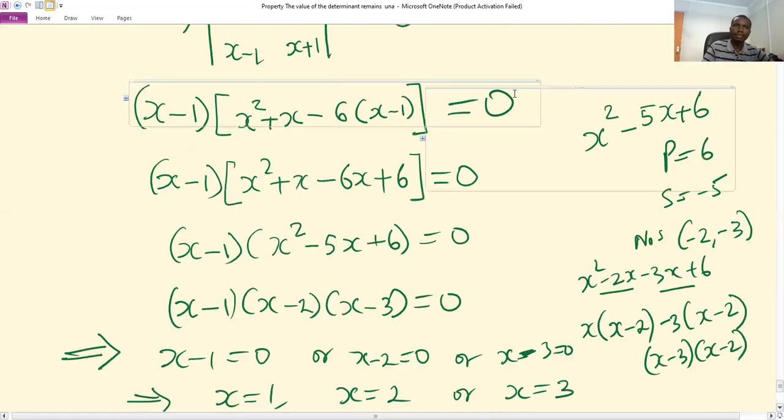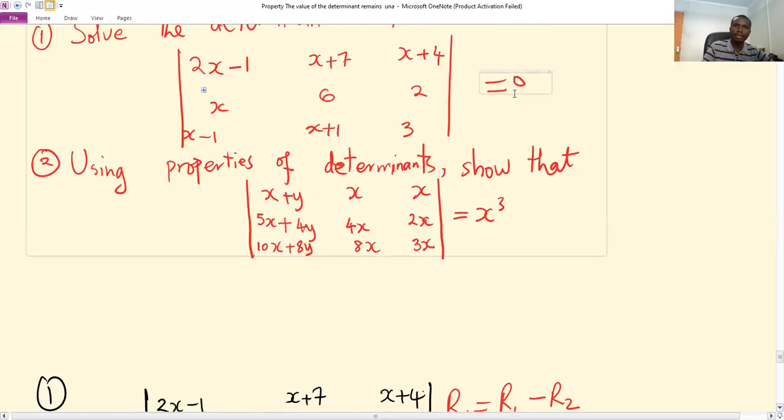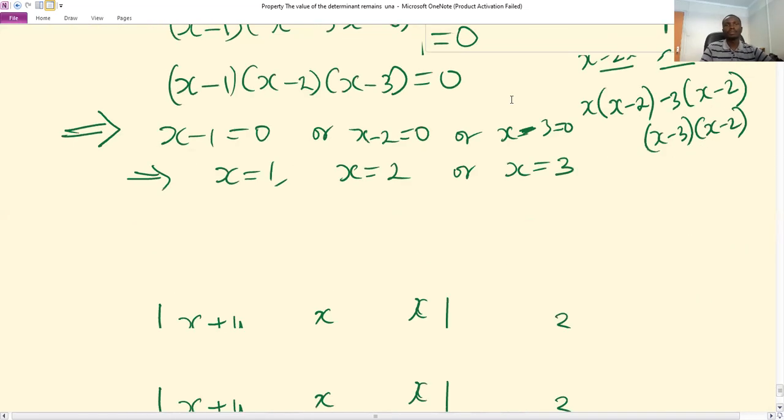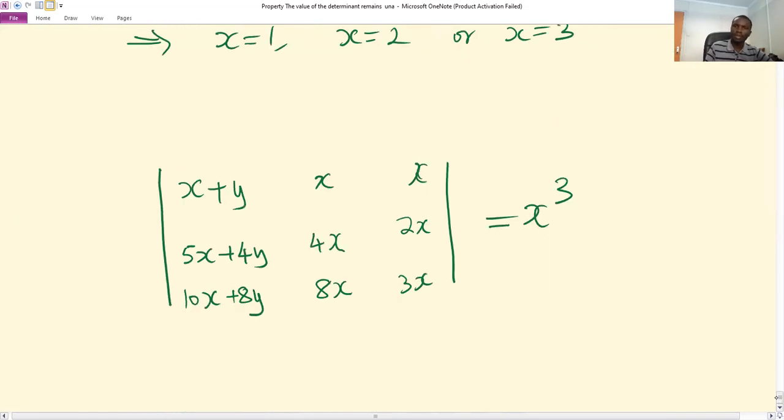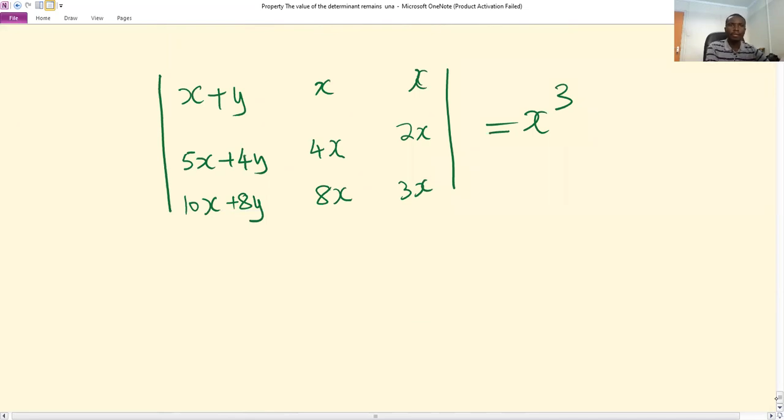That was the second problem in our two problems.